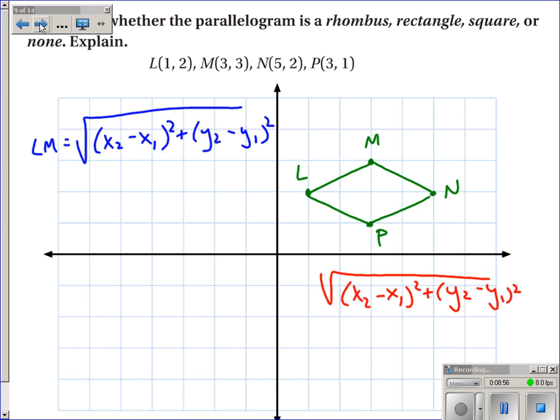I will check if it's a rhombus by finding the lengths of two adjacent sides. I'll start off with LM. I'll call this x1 and y1, x2 and y2, and plug it into the distance formula.